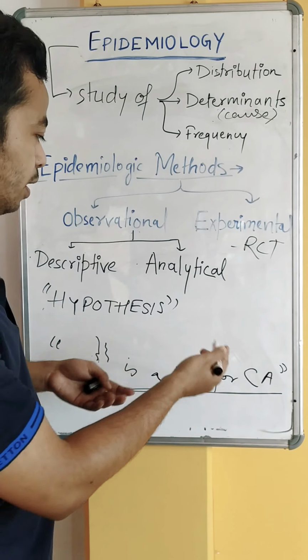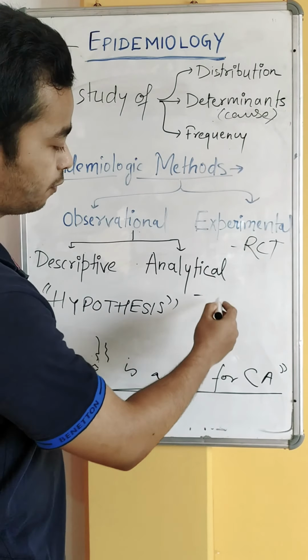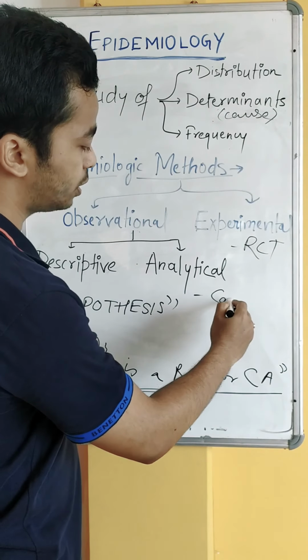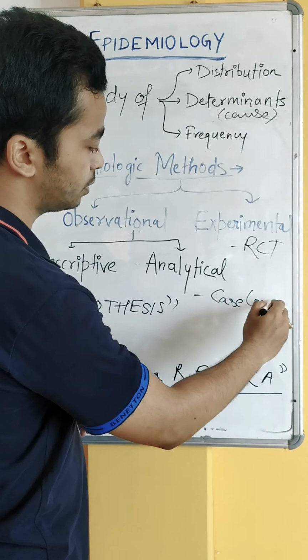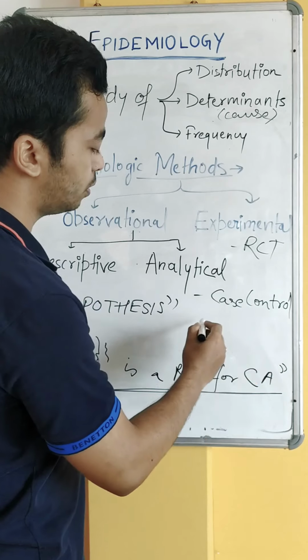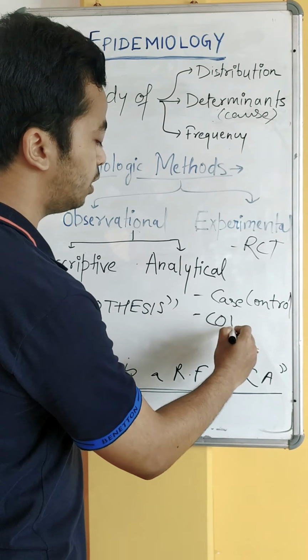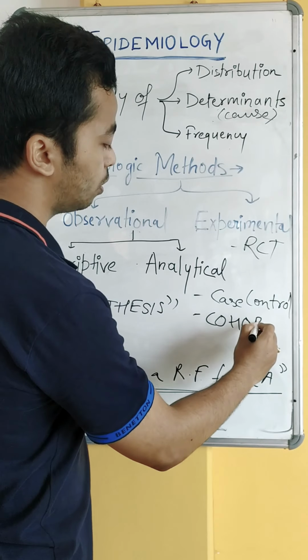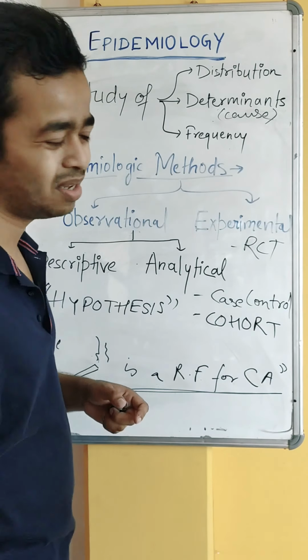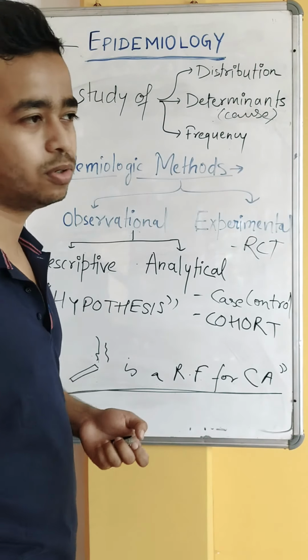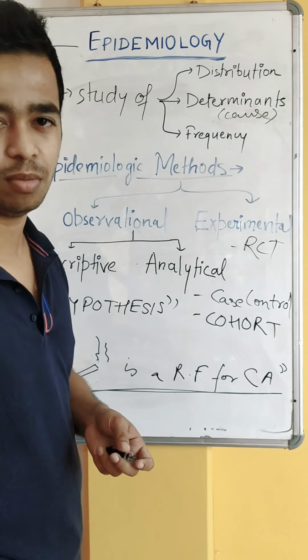Analytical studies consist of case control studies and a very important topic, which you must have heard about, cohort studies. There are two other models also, ecological and cross-sectional.